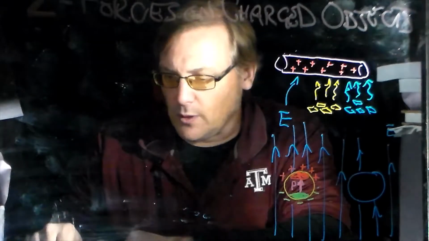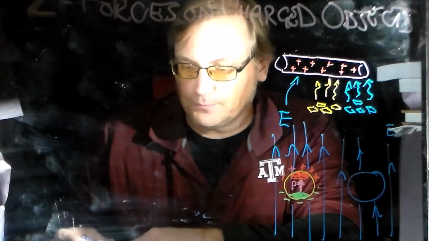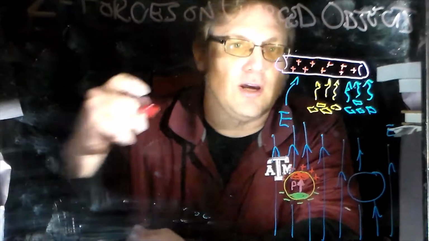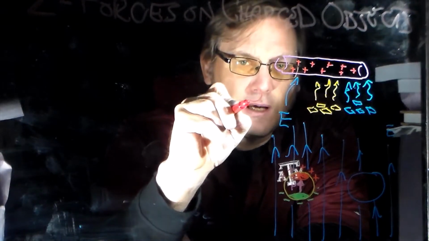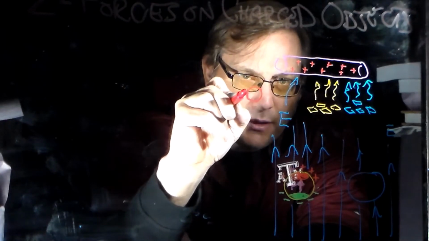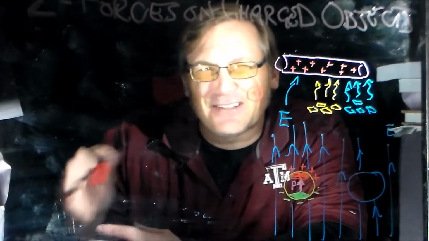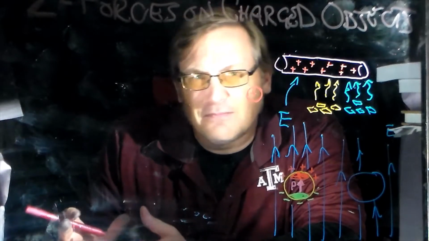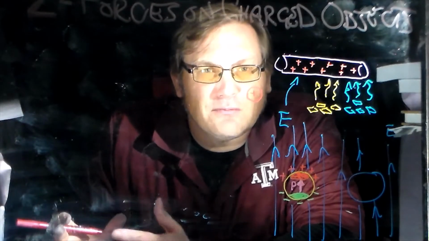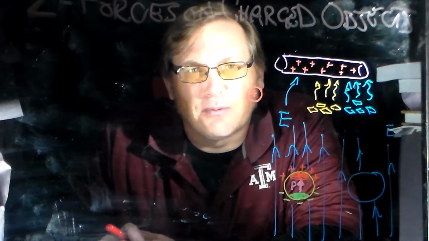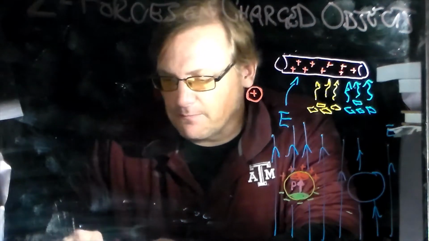But what does happen? Well, at the atomic level, you have this nucleus that's positively charged, and it's really heavy. It's 2,000, 4,000 times, 4,000 probably, times heavier than the electrons.